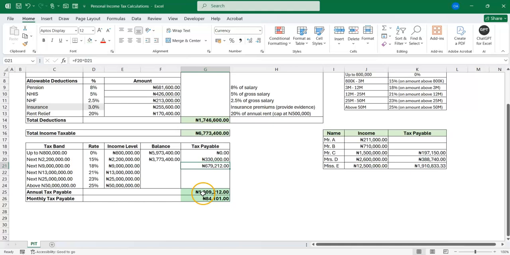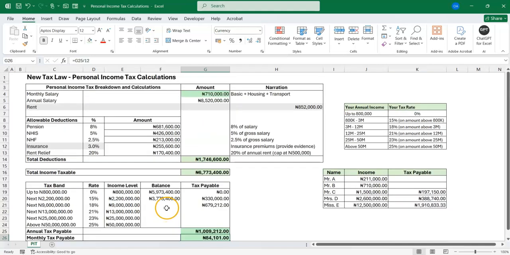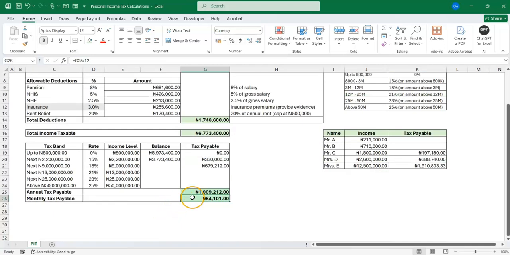So we are done with that. And then this is the monthly tax for Mr. B, who earns about 710,000 naira monthly. His tax liability is just 84,000, taking into consideration all these allowable deductions.